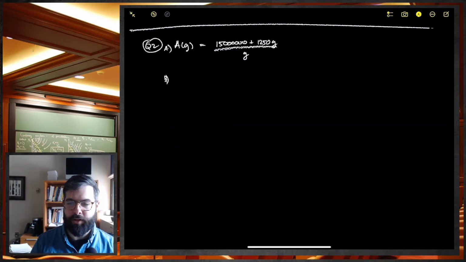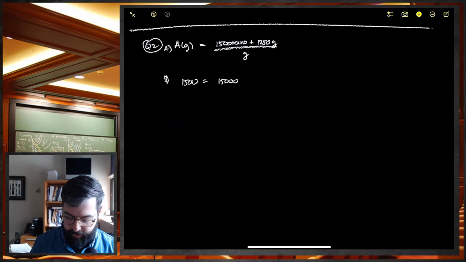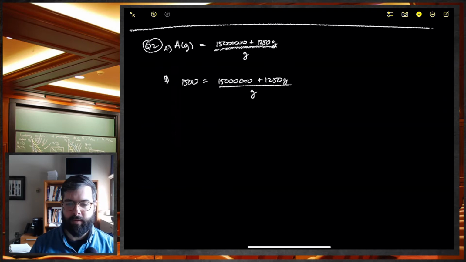And then the company determined that when the average cost, A, is equal to 1,500, they are profitable. So you can set up an equation to figure out what amount of medicine or drug, aka what quantity of g, makes this the case.